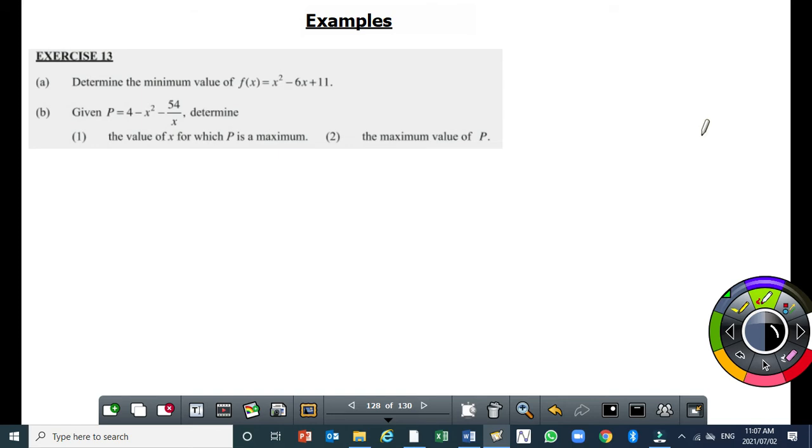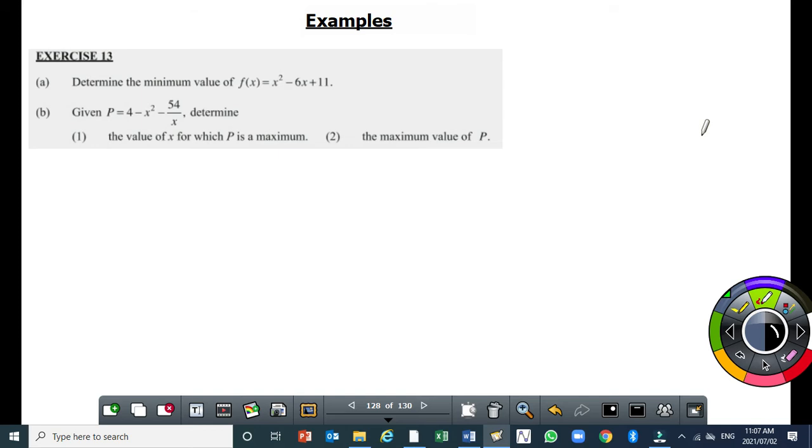Now, in this case, we need to determine the value of x such that p is a minimum, which means we have to find the first derivative, then equate it to what? To 0. Always, when you are doing these questions here, you find the first derivative, then you equate it to 0. You solve for x or for any variable you'll be dealing with.